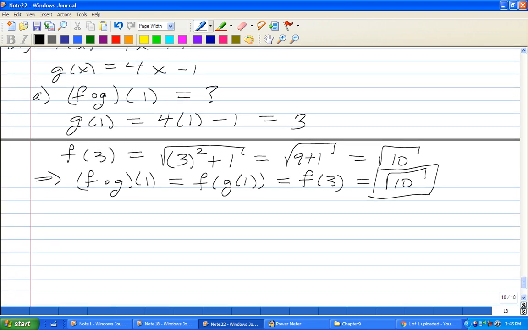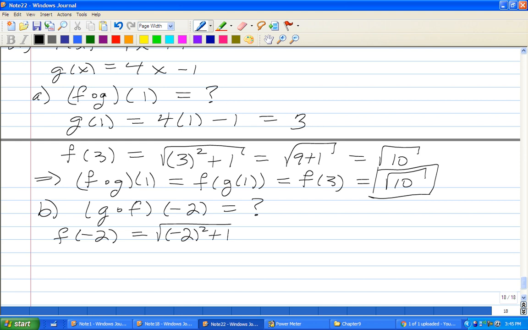Let's do part B. I want to evaluate g composed with f evaluated at negative 2. So let's compute f at negative 2. I'll replace x by negative 2. And so I get 4 plus 1 is 5.